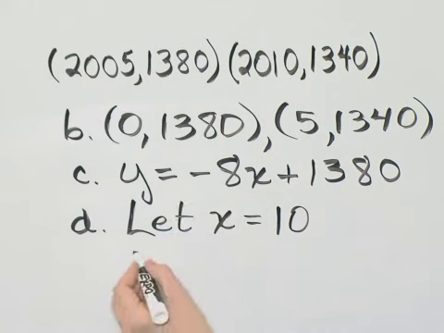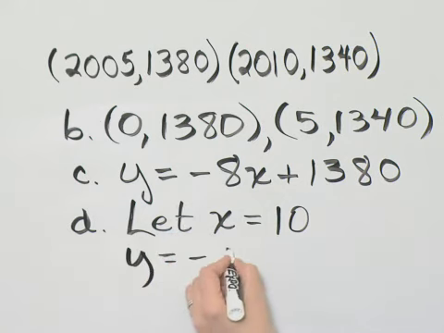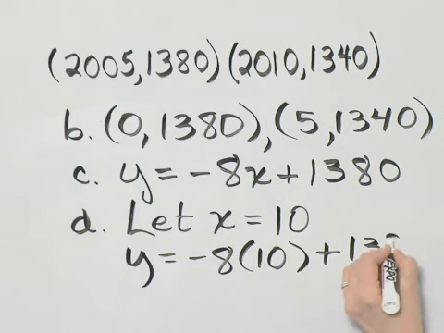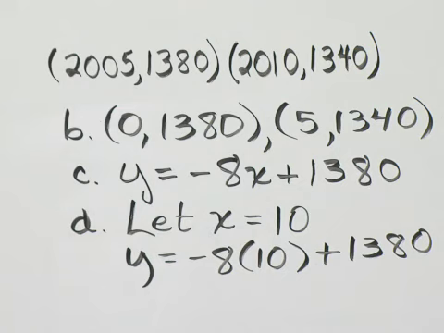Let x be 10 and we'll have y equals negative 8 times 10 plus 1,380, and that becomes y equals negative 80 plus this, that's 1,300. Now what does that mean? It means in 2015 we predict that 1,300 million movie tickets will be sold in the US and Canada.